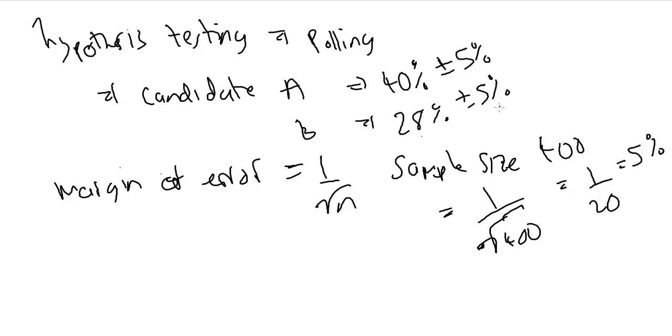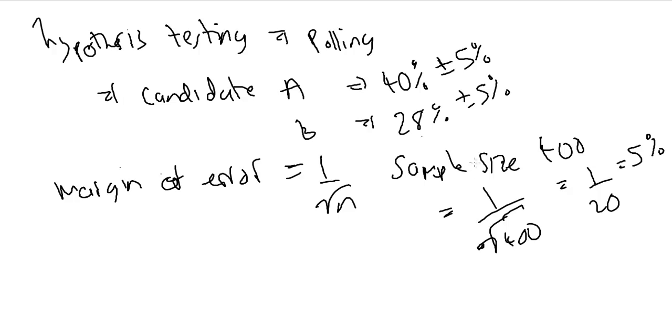This is a rough estimate. In reality, you would multiply this. The expression is a slight variation of this, but the main idea is that the error is proportional to 1 over the square root of n.